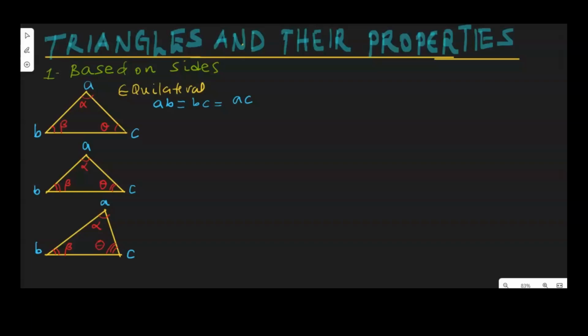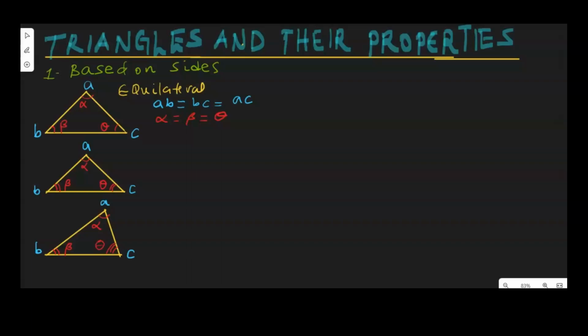That means we can say angle alpha is equal to angle beta is equal to theta. So what else is the third property of an equilateral triangle? Well, not only are the angles equal, all the three angles of an equilateral triangle are 60.